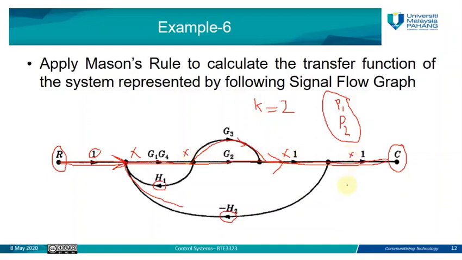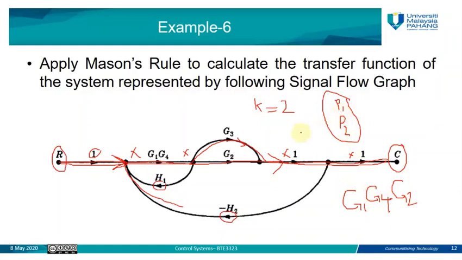So this will be the gain of the forward path number 1, P1.